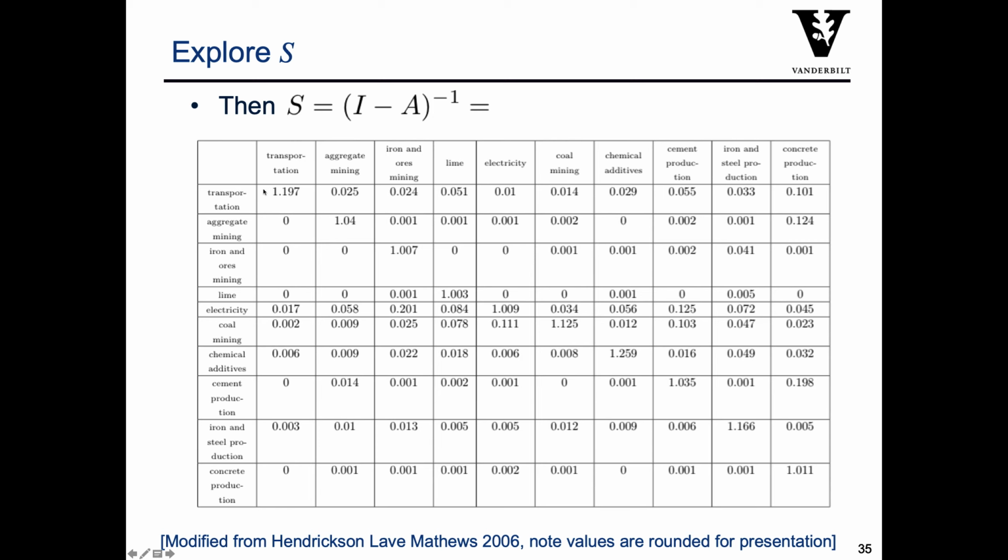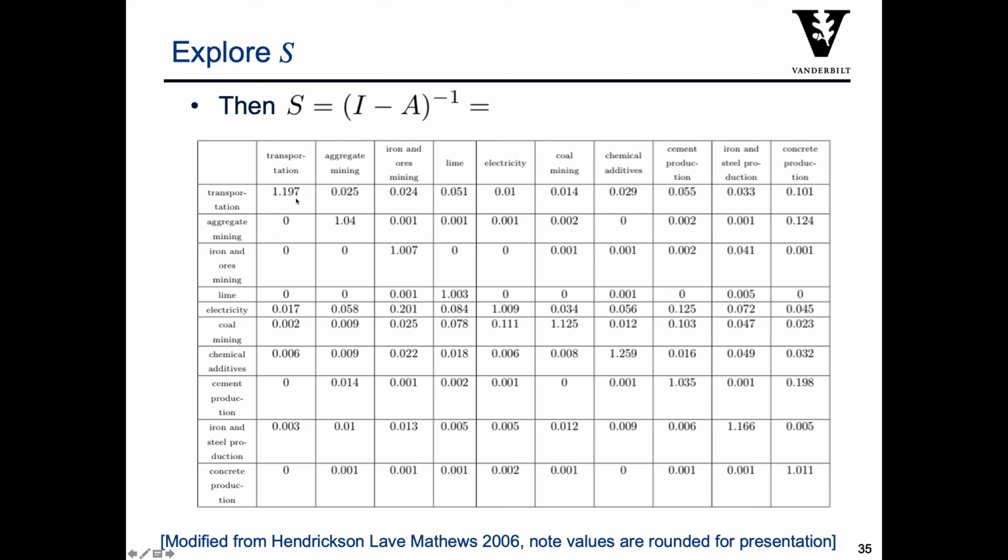Well, that tells you, again, for $1 of spending in the transportation sector, the total amount spent in the transportation sector, total amount spent in the electricity sector, total amount in the coal sector, total amount in the additive sector. Summing this thing tells you the total amount of spending in the economy for $1 of final demand in the transportation sector. In other words, if you sum this down, it tells you how active that dollar will be in creating additional economic activity for you.